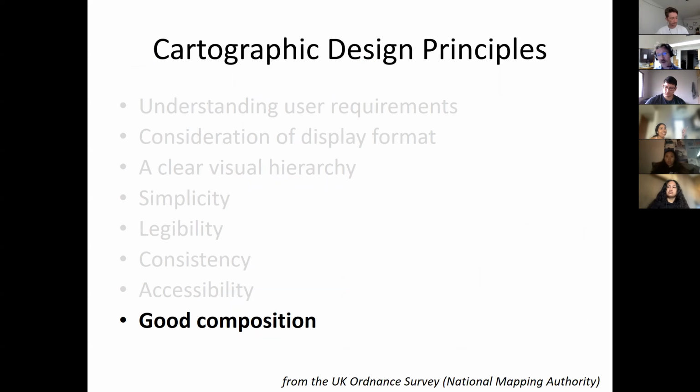So again, hopefully from last time, if you recall, talking about some of these different design principles: clear visual hierarchy, simplicity, legibility, consistency and such. And I was just showing a few things about legibility and simplicity. But good composition is definitely something to spend some time considering.